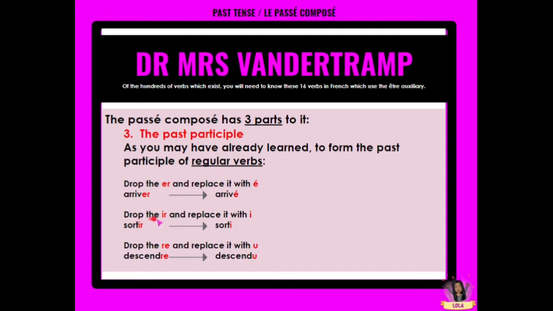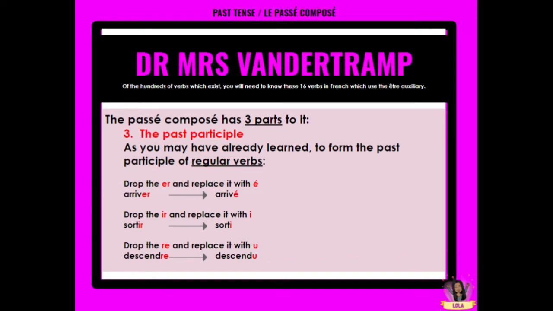If a verb ends with IR, you drop the IR and you replace it with an I. So for example, sortir will become sorti. And finally, the last one, we have a verb that ends with an RE. So you drop the RE and you replace it with a U. So for example, descendre would become descendu. So these are with regular verbs.